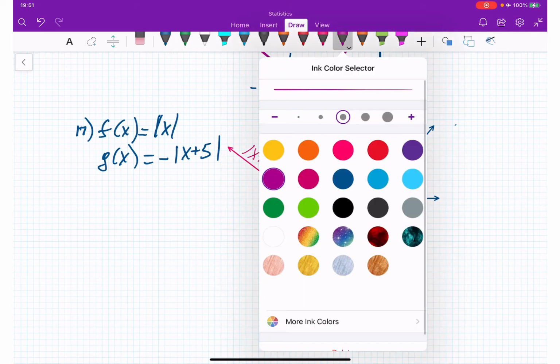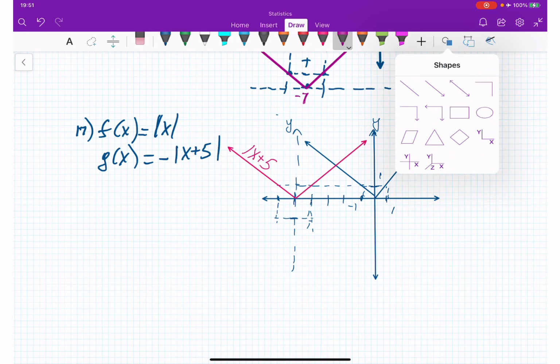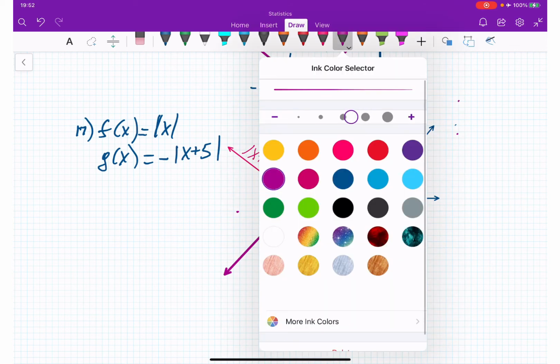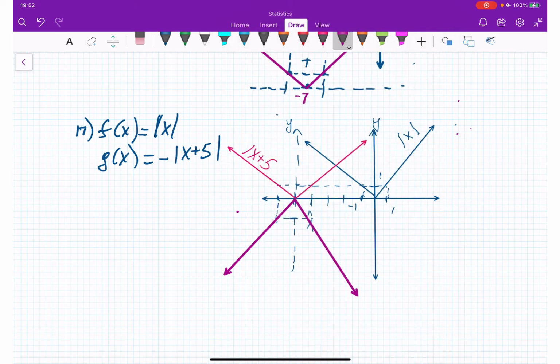So what do we have? Second one. So this is our negative absolute value x plus 5.